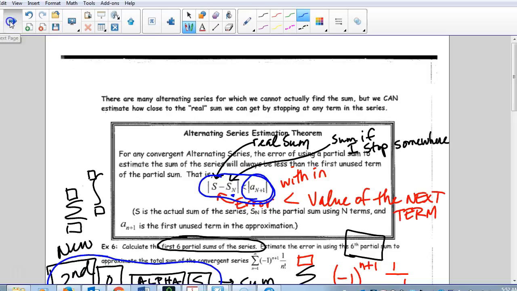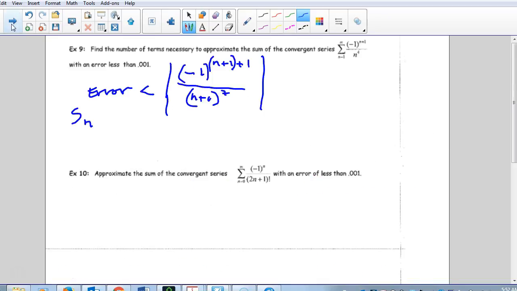So let's jump back here. So it's S minus Sn. They'll write that. You have to say, oh, that's error. How easy is that? It needs to be less than tenths, hundredths, thousandths, so 1 over 1,000. You solve that, and you should get n. For me, it looked backwards.